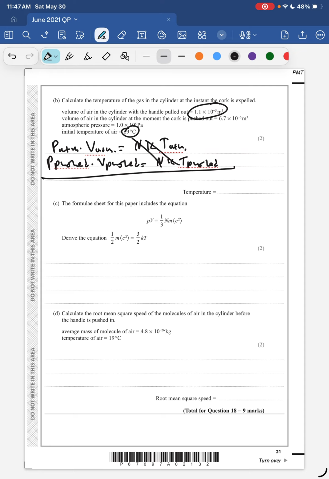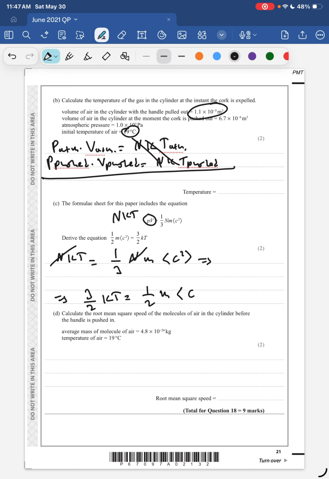So let's substitute the ideal gas law here. So that's NKT, right? So NKT is 1/3 Nm times the average squared velocity. Okay, so we have to multiply by 3 and then divide by 2. KT is 1/2 mc squared, and we proved it.